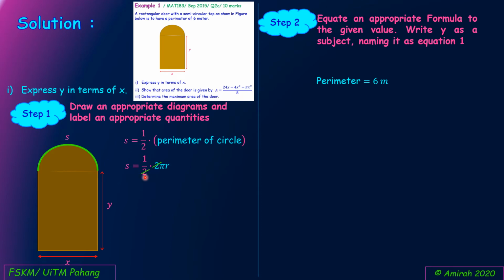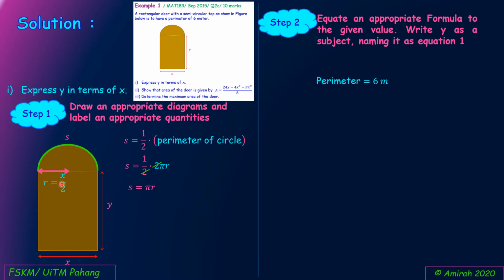Then we can simplify the 2, so S equals pi r, where r is the radius of the semicircle, or the radius of the circle.